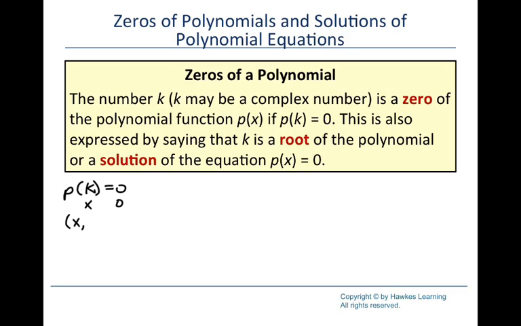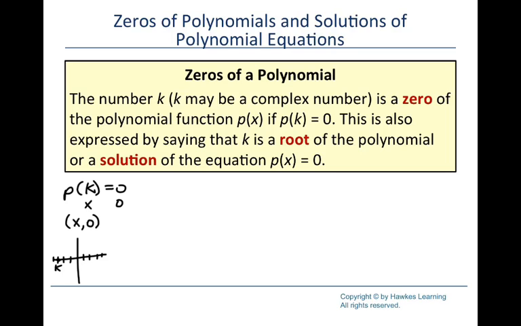So you have a point (k, 0) that is a solution of your polynomial function. And if you graph it, of course, it will be graphed somewhere along this x-axis. So somewhere along here will be a k, and whatever value that is.